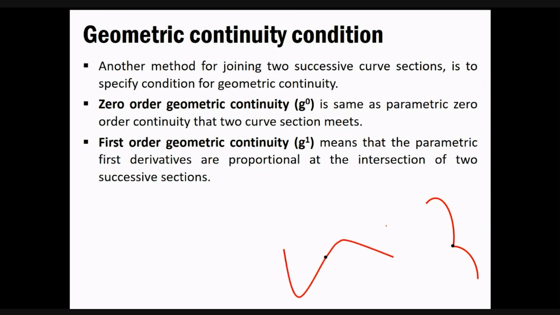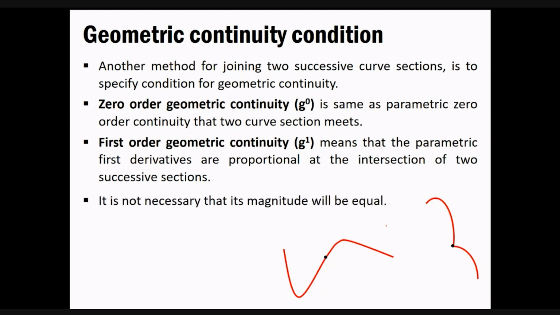Now the parametric first order continuity says that you have two curve sections and where they meet, the first order derivative would be the same. But now it says they are only proportional at the intersection of these two successive sections.